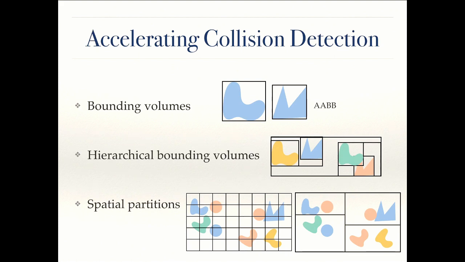Now, if we test collision with this box and we find there's no collision, then we're done with this object, and we don't have to do more expensive tests against this complicated geometry. So that can accelerate things. We can also put these into hierarchies and quickly prune out large collections of objects at a lower level of our hierarchy before we descend into the hierarchy.